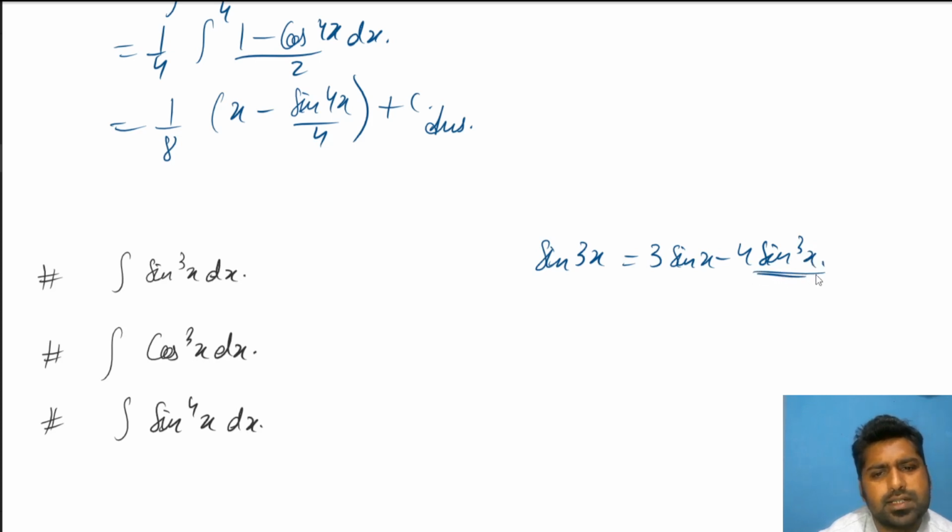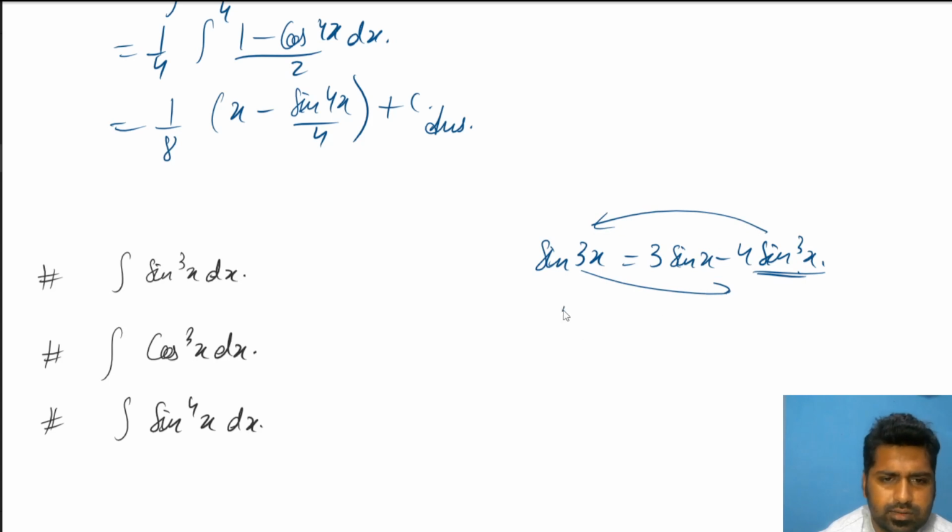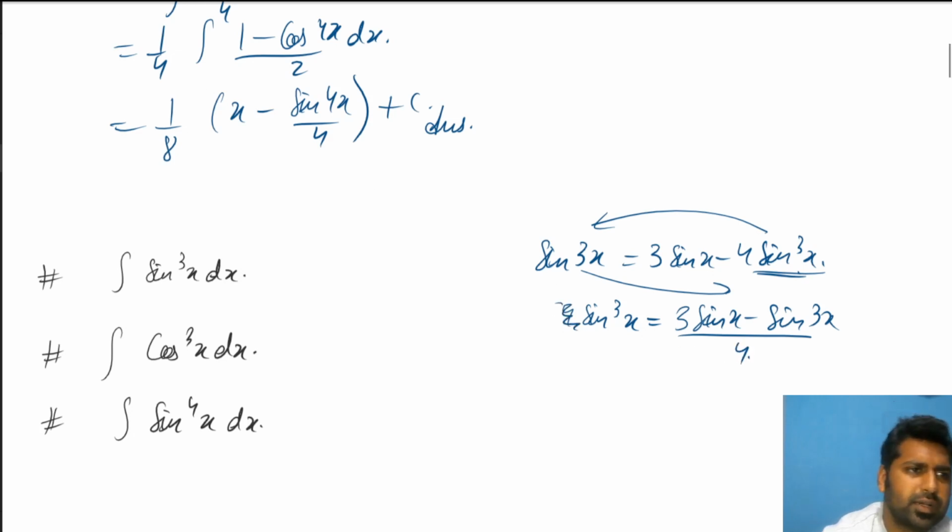If I try to generate sine cube separately, 4 sine cube x is 3 sine x minus sine 3x, and taking this 4 to the other side, you can rewrite sine cube as 3 sine x minus sine 3x by 4.